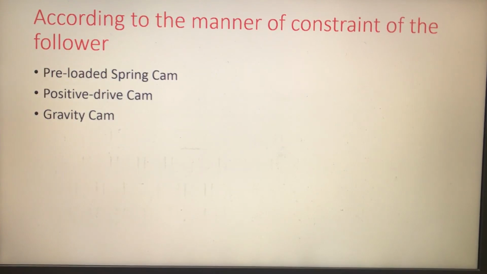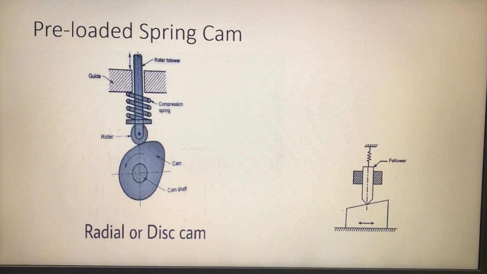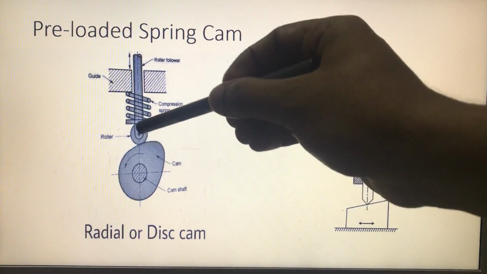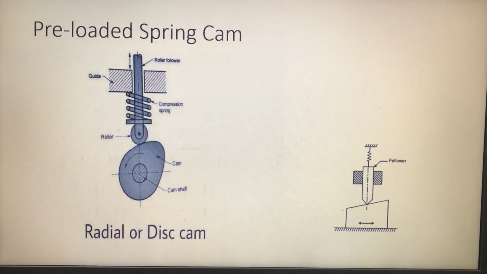And the next, according to the manner of constraint of the follower, it is classified into three types: a preloaded spring cam, a positive drive cam, and the last one is gravity cam. Here the cam and the roller are in contact. How?